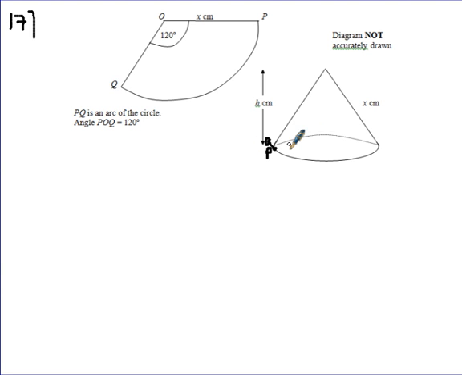Curved surface area of the cone is A, volume of the cone is V, the height of the cone is H. Given that V equals 3A, find the value of H. Well, what can we do then? Well, what do we know?